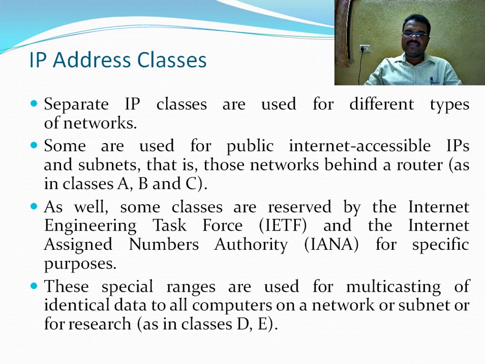These special ranges are used for multicasting identical data to all computers on a network or subnet, or for research, as in Classes D and E. Generally Classes A, B, C are used for networks, whereas Classes D and E are used for research purposes.